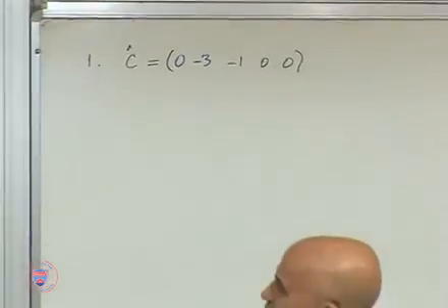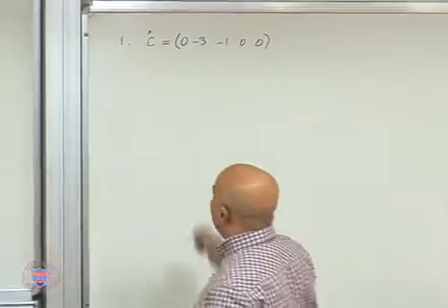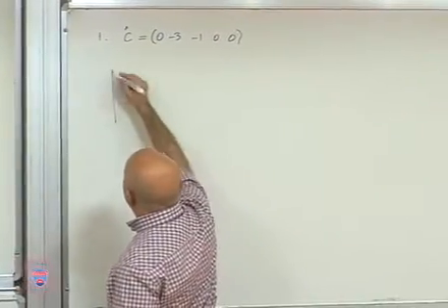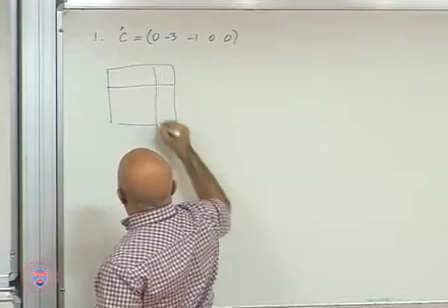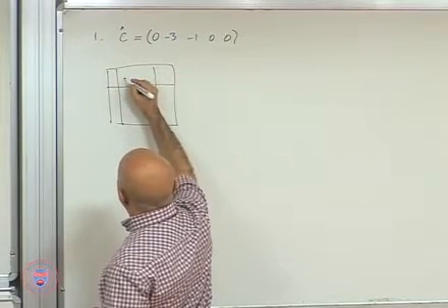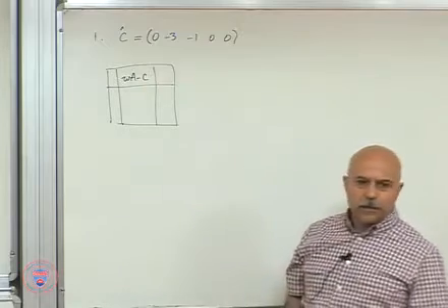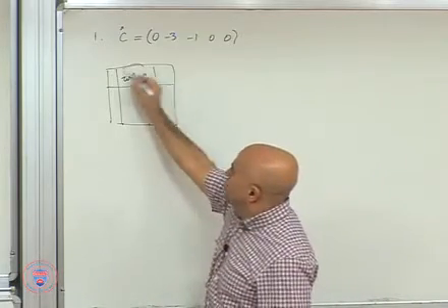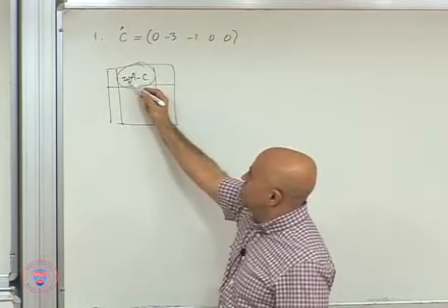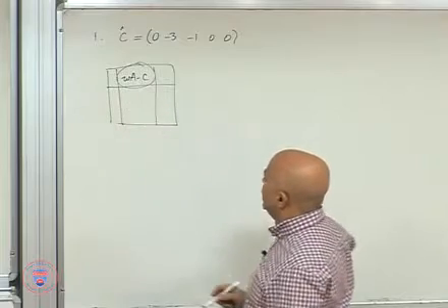So what do we do in this case? Simple. The part of the tableau that's affected by this is this part. That's the only part that's affected, because C is here, W is CB B inverse.